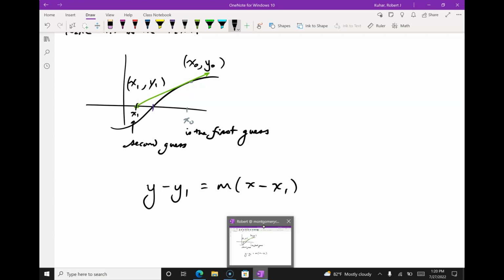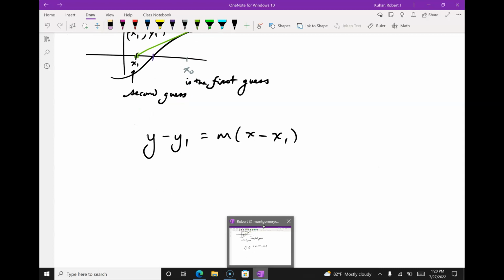But what I'm saying is, I know what y1 is, don't I? What is it? What number? 0. You agree? Look at the green line. Yeah, 0, right? So the opposite of y1 equals m times x minus x sub 1.